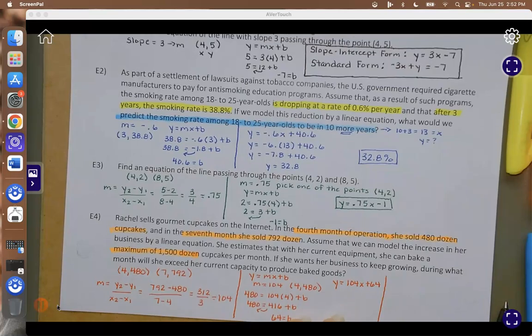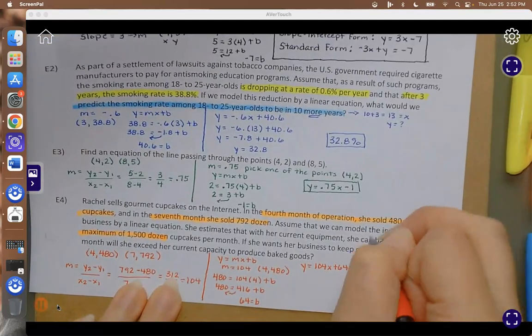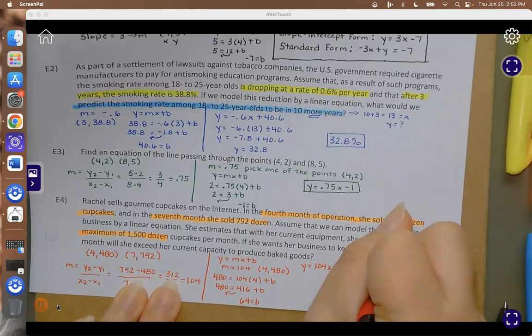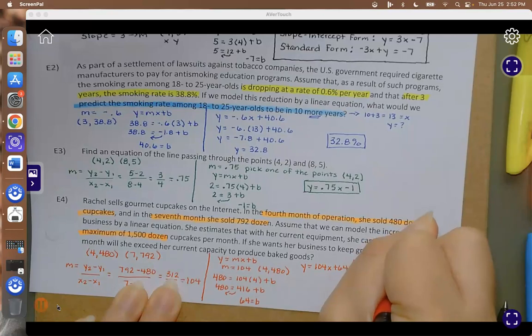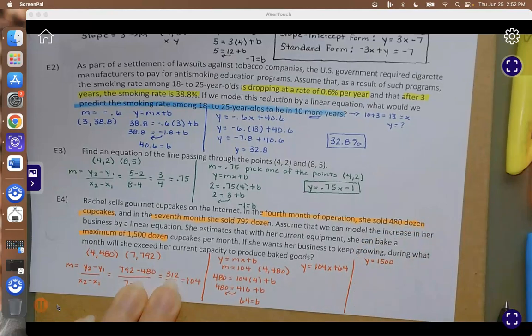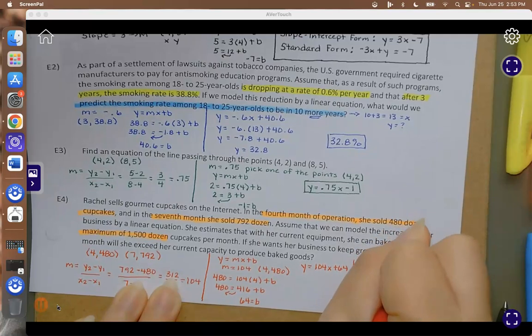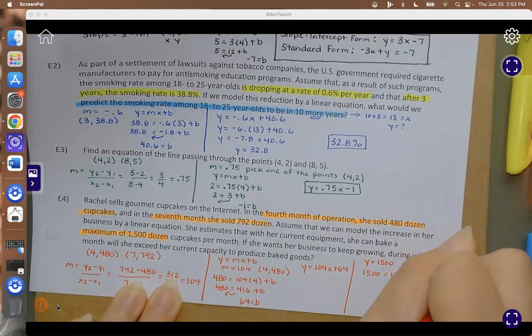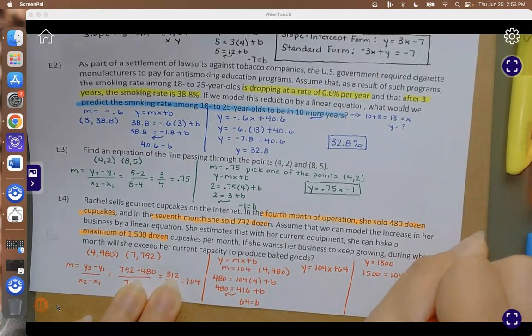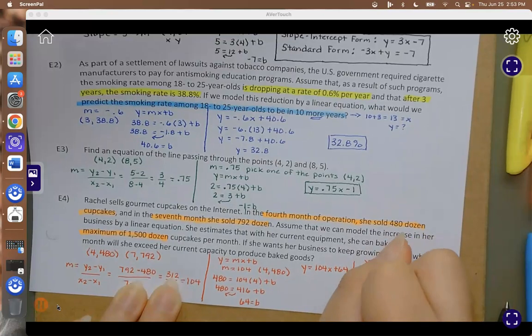Now, she wants to know when she can hit 1,500 dozen. So that means that our y is 1,500. Okay? So we hit 1,500 dozen when? So that goes in for our y, and we solve for our x. So we're going to move our 64 over.